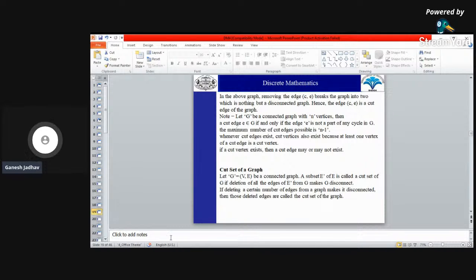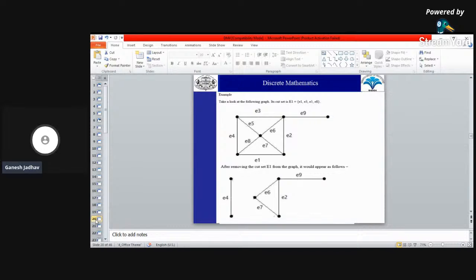Then the other one is the cut set of the graph. So what is the cut set of the graph?